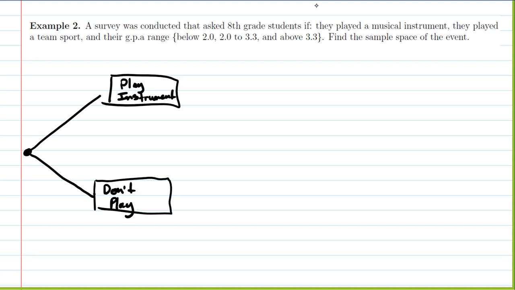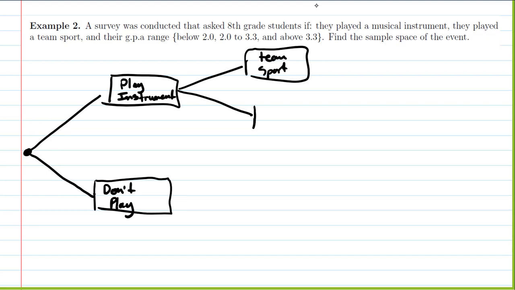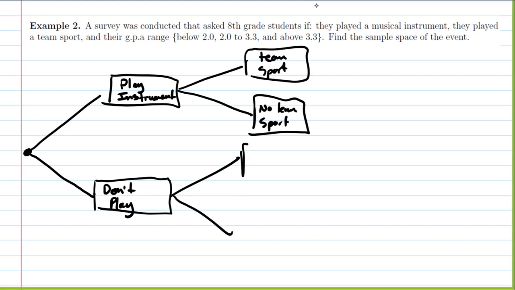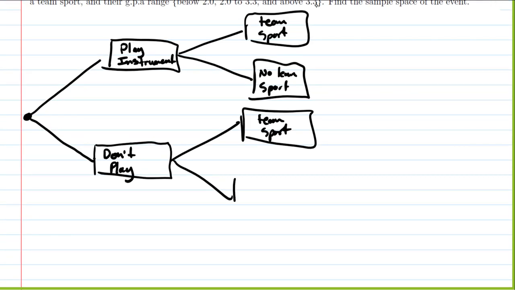Then, what was the next thing? Do you play a sport? Or no? So, team sport. And no team sport. Then down here, we also have the same two choices, right? And no team sport.